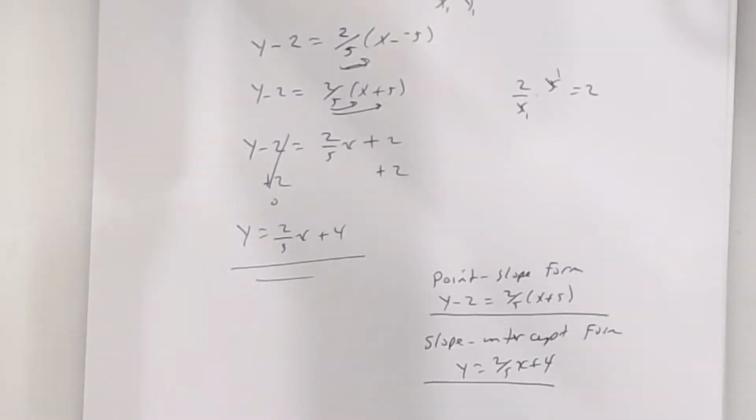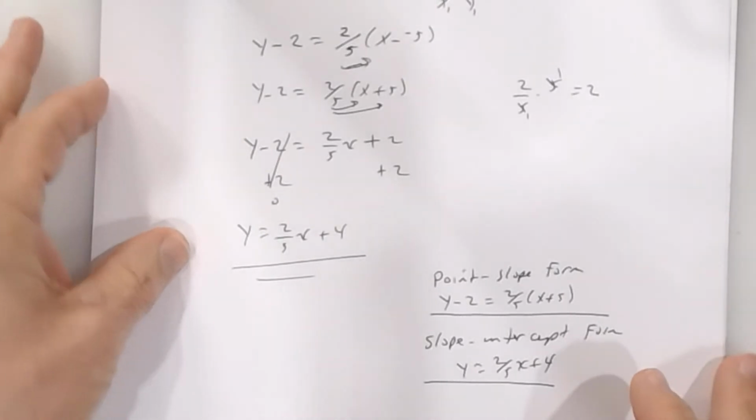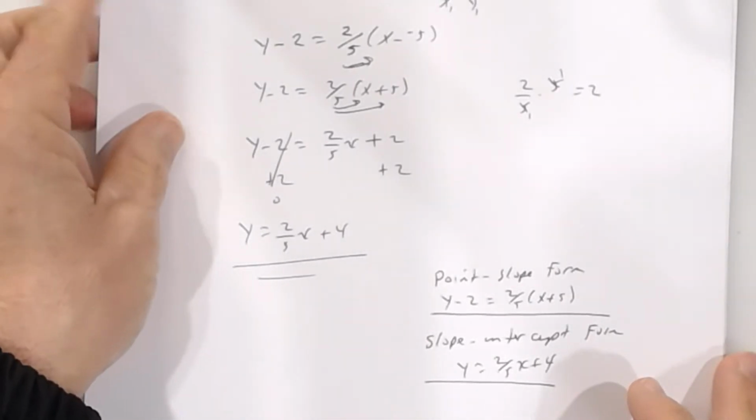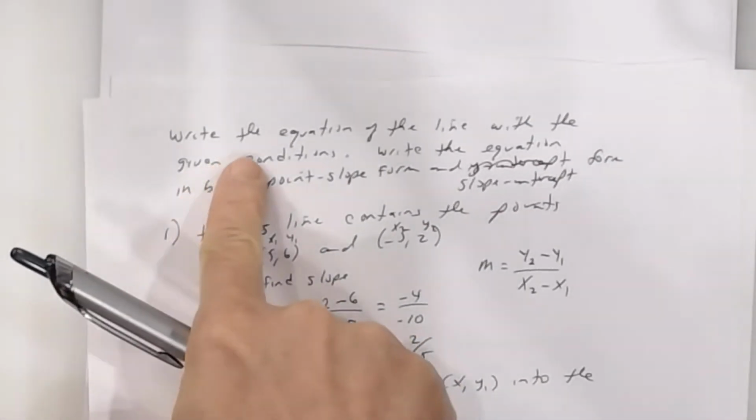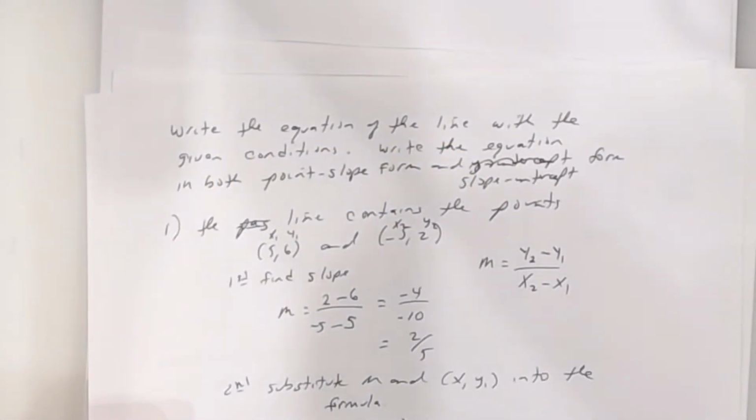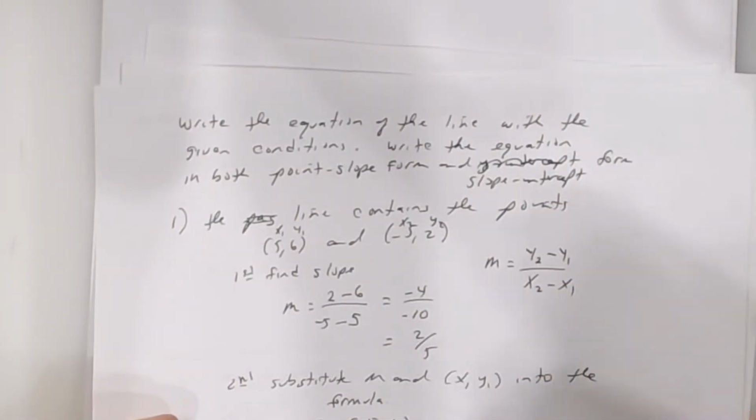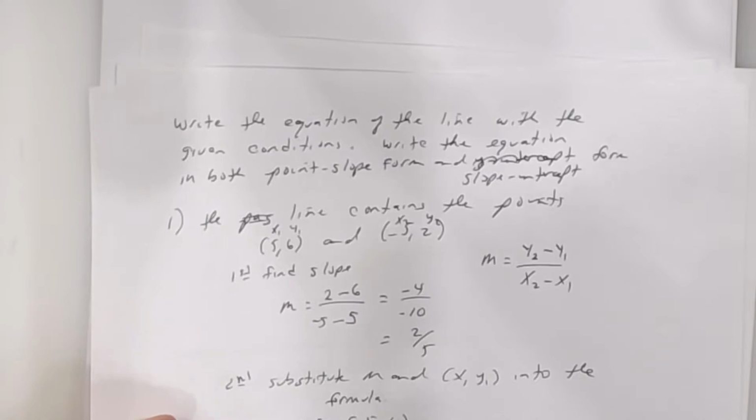All right. Now, let's look at number 2. Same directions, so remember the directions. Write the equation of the line with the given conditions and write the equation in both point slope form and slope-intercept form. All right, so number 2, here are my conditions.